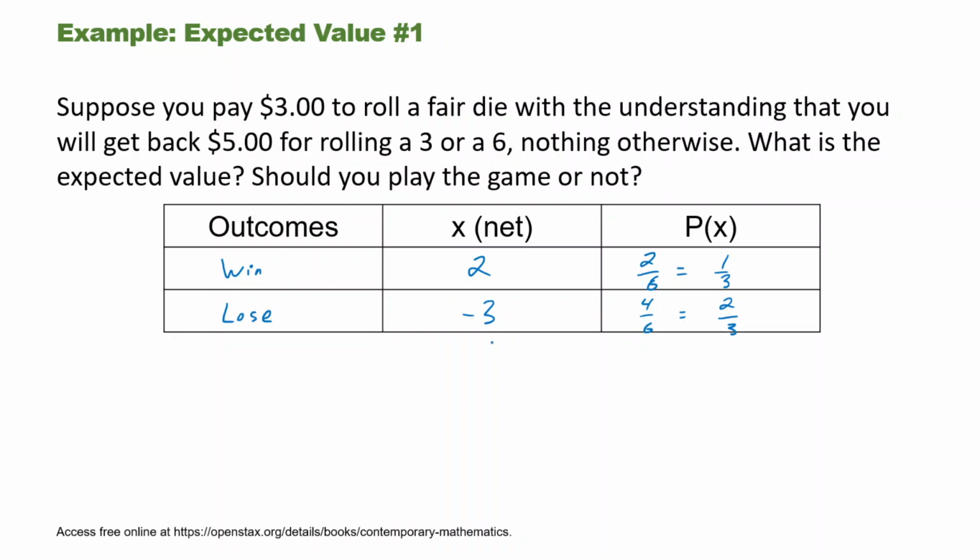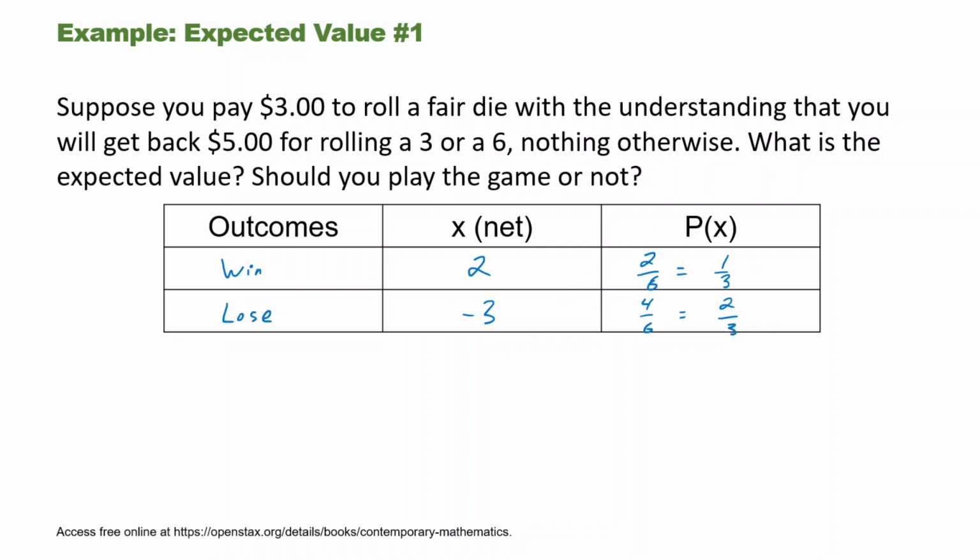So let's go ahead and find our expected value. For expected value, we'll take each of our X values, our numerical values, multiplied by their respective probabilities, and then we sum the result. So if I have 2 outcomes, I'm going to say first outcome times the first probability, second outcome times the second probability.